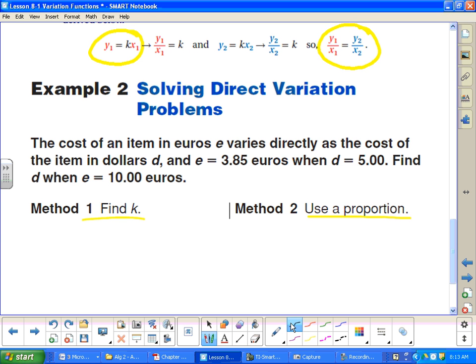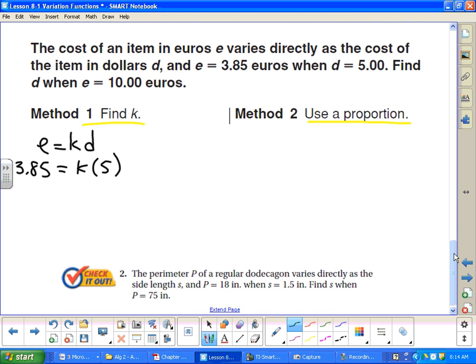First of all, they tell us that E varies directly as the cost of the item D. That means that E is going to equal k times D, because it says varies directly. So the constant of variation is going to be here. When I have 3.85 euros, I have $5. So I can find the value of k and then use that to find how many dollars 10 euros cost.